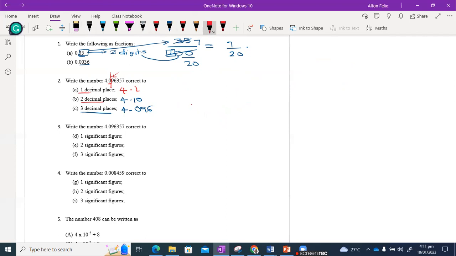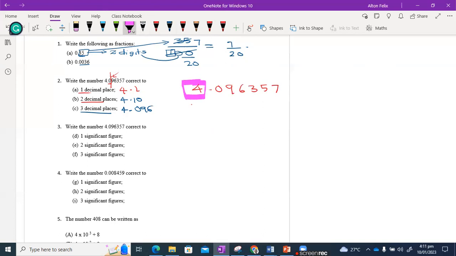So if you have the number 4.0966357. Now, if they say 1 significant figure, you simply count your digits. So this is 1 right here. That's a 4, 1 significant figure.